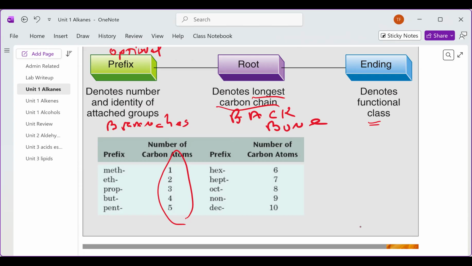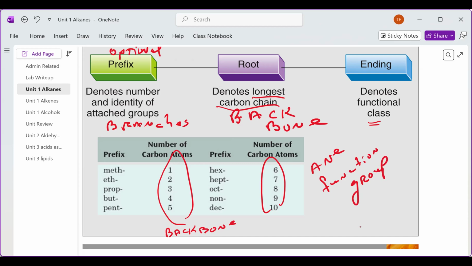And you need to know these guys for the backbone. And you're going to add an ane at the end for the functional group of alkanes. Okay, so we need to know this here.